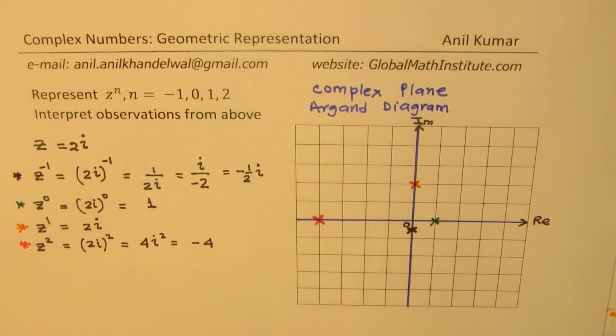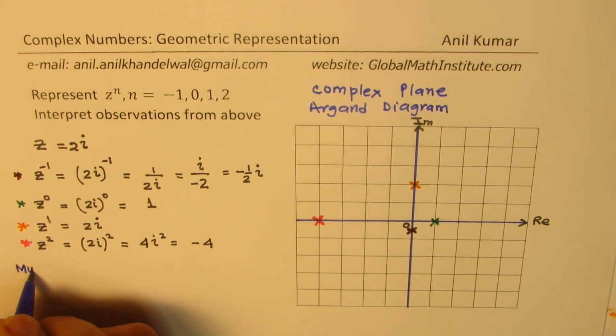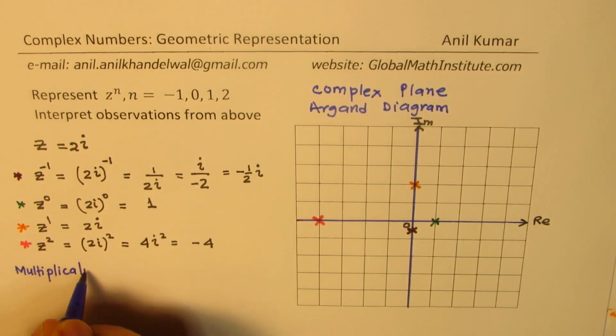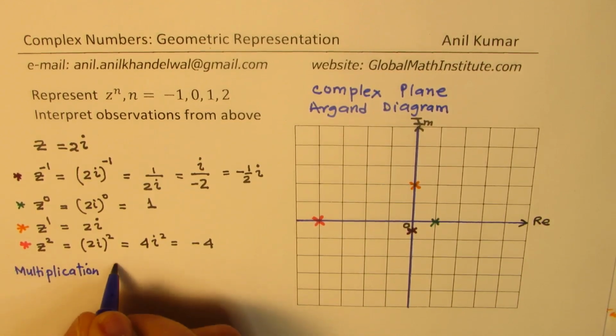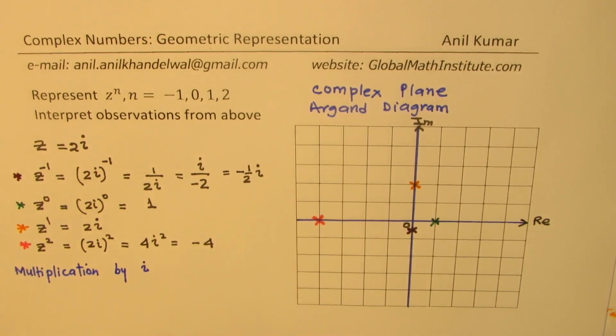So what do you observe? Observation here is that multiplication by i is one thing which we are doing as we multiply, right?